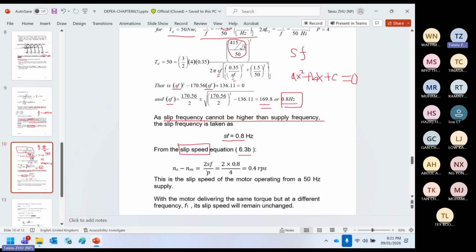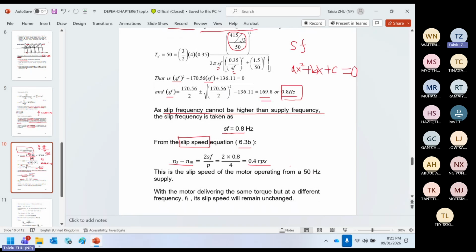Slip speed is equal to 2SF divided by P, 2 times 0.8, and I got 0.4 RPS, revolutions per second. So this is the slip speed of the motor operating from a 50 Hertz supply. It's not RPM, it's RPS, revolutions per second.